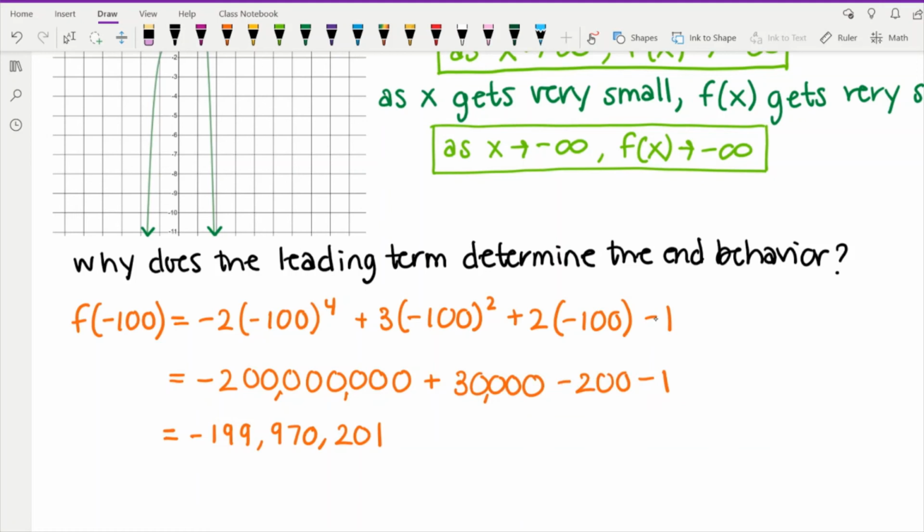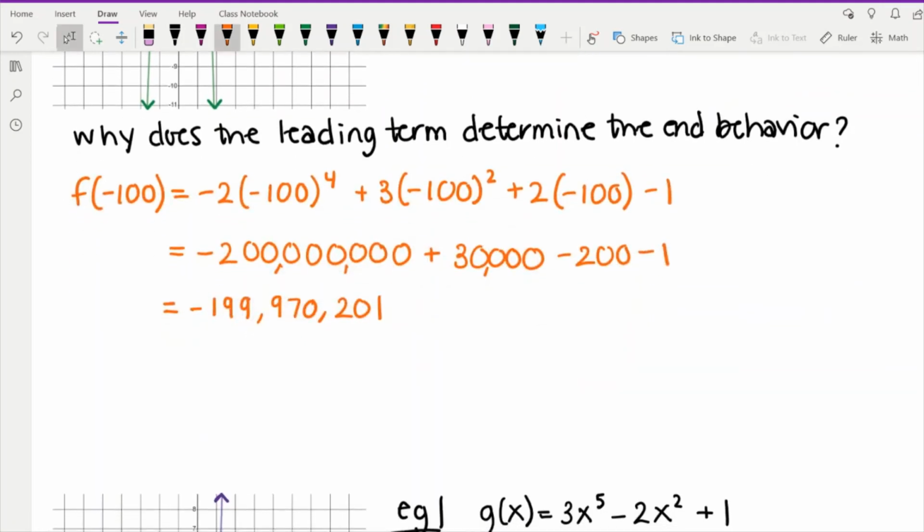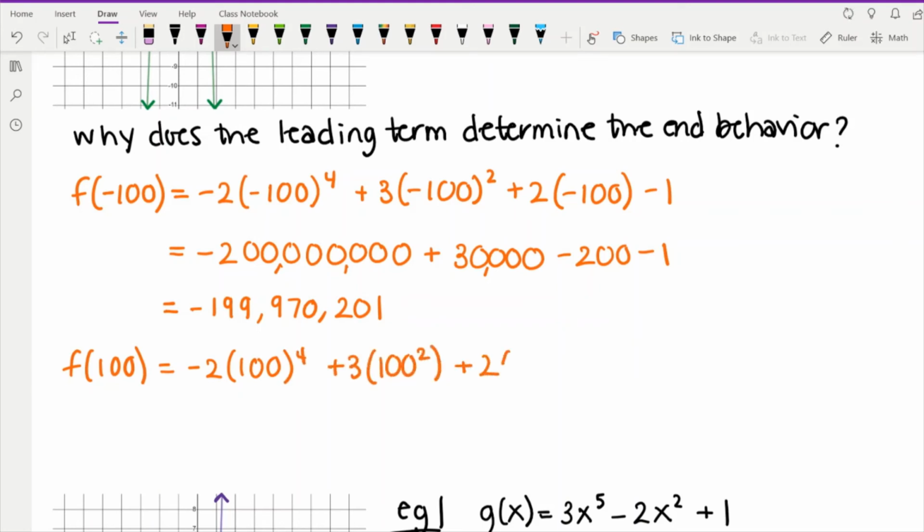And so similarly, if we plugged in positive 100, just write this one out quickly, that would be negative 2 times 100 to the 4th, plus 3 times 100 squared, plus 2 times 100, minus 1. I won't write out all the details, but for this one, you would get negative 199,969,801.